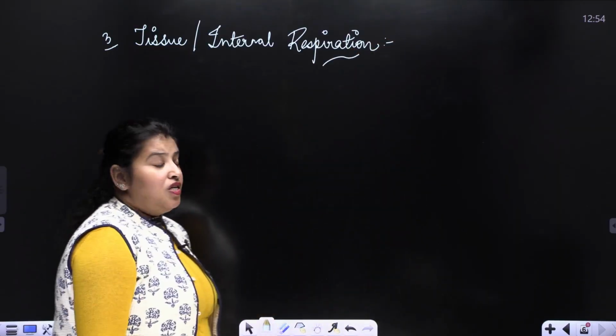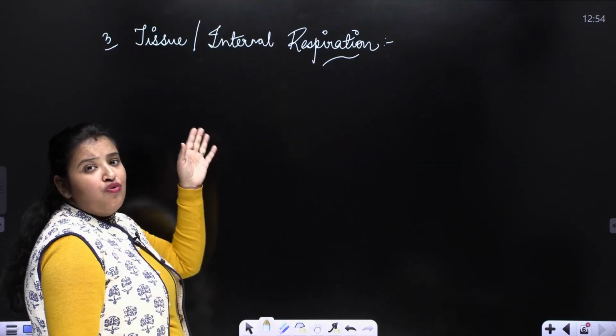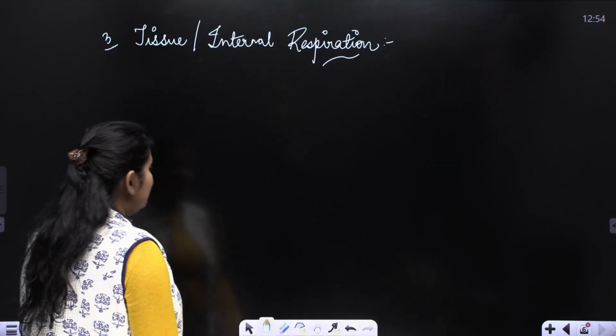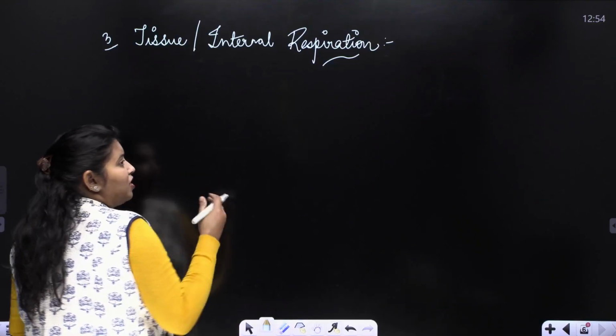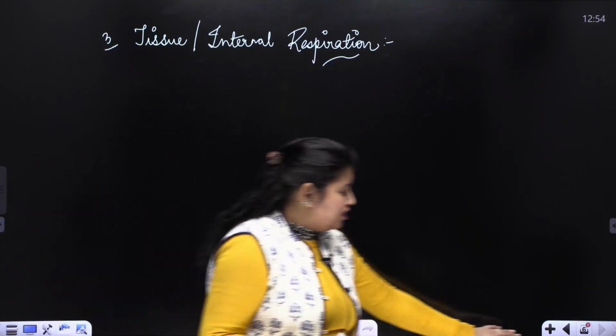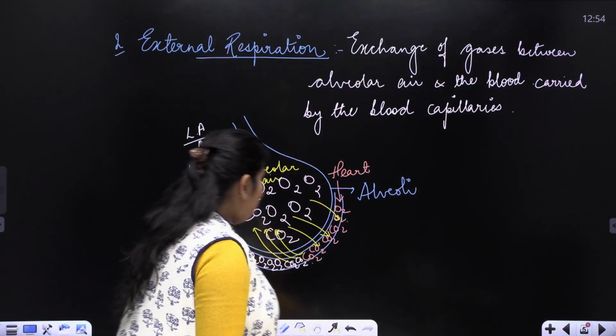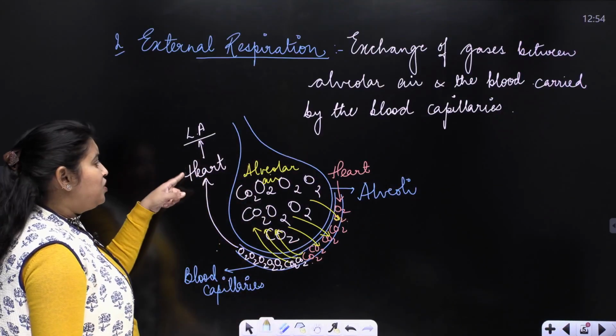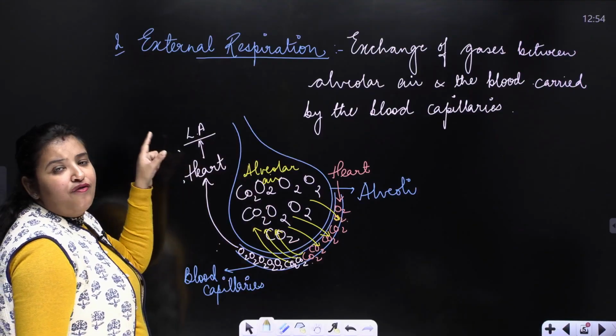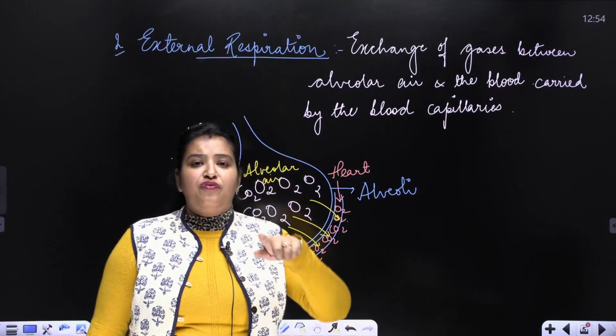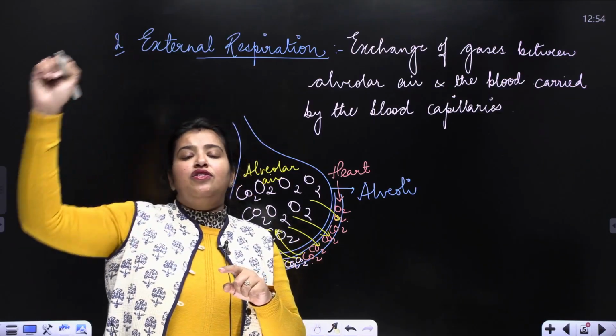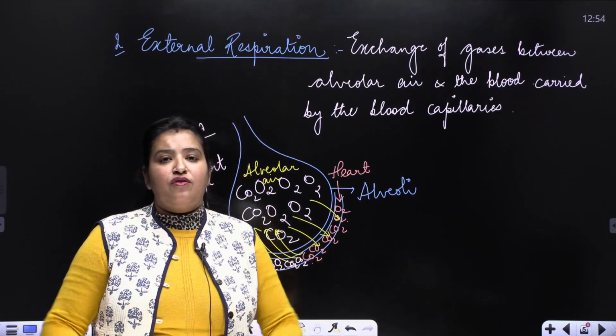All right. So now what happens in tissue or internal respiration? Let's understand it first. The blood is oxygenated. It is sent to heart in the left auricle. From left auricle, it will go to the left ventricle. Through aorta, it is distributed to all the parts of the body.